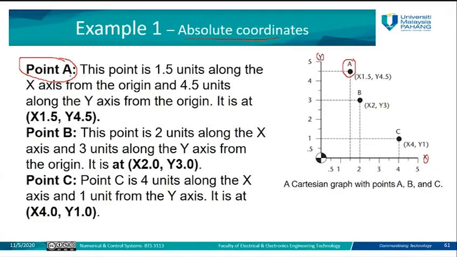So the point A here is 1.5 units along the x-axis. You can see here this is 0.5, this is one, here is 1.5 units. Okay, so it is 1.5 units on the x-axis and 4.5 units on the y-axis. This is 4, here we have 4.5.